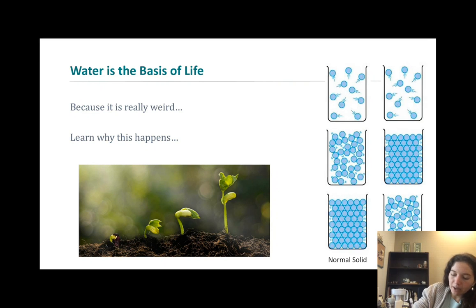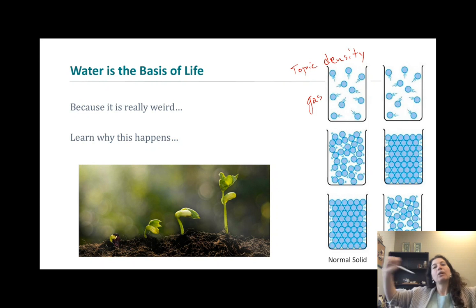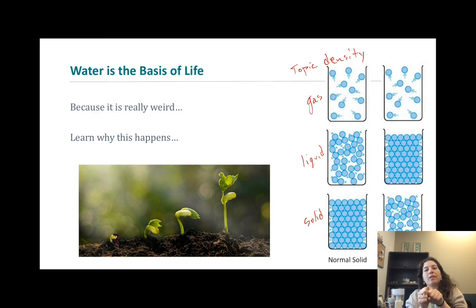So water does a couple of interesting things. We had learned in topic 1 about density. We had learned that as something is a gas, it's less dense, the molecules are further apart. As it goes to a liquid, the molecules get closer together. As it goes to a solid, the molecules get even closer together, and they're very, very dense as a solid. But water is really funky. Water switches the liquid and the solid phase.